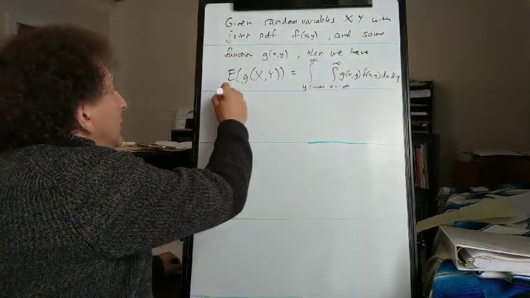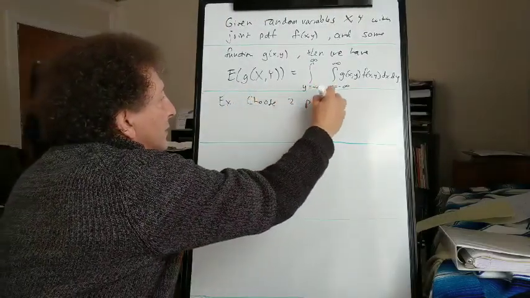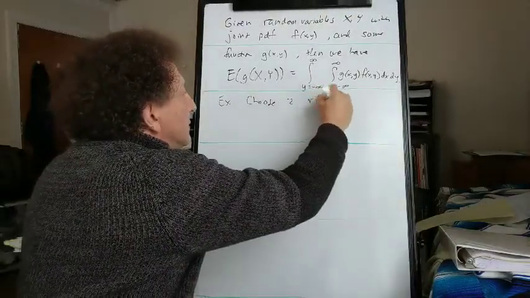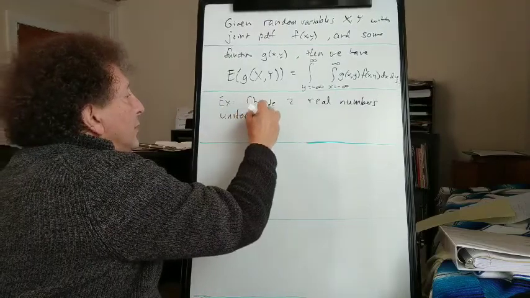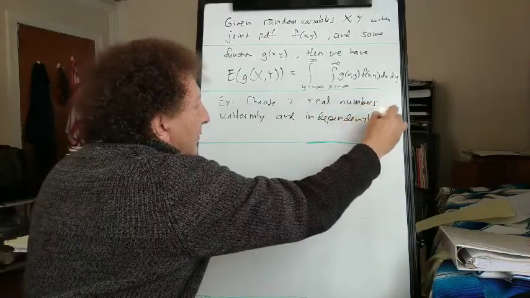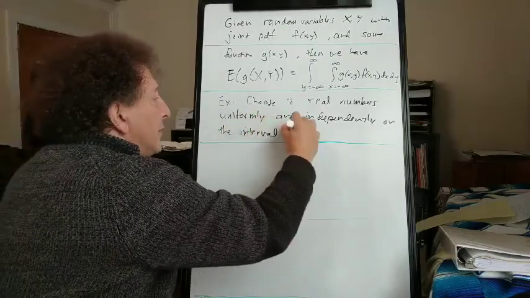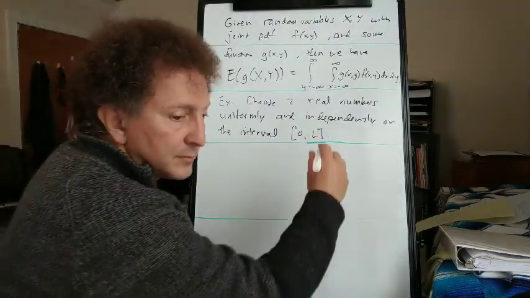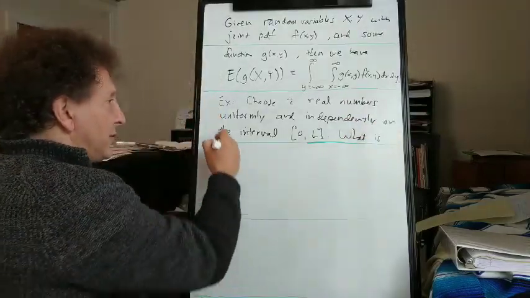So, for example, let's choose 2 points or 2 real numbers uniformly and independently on the interval from 0 to some number L. And let's ask, what is the expected difference between the two numbers?